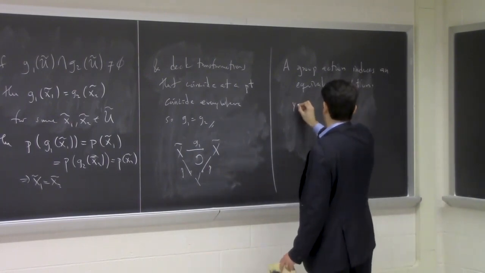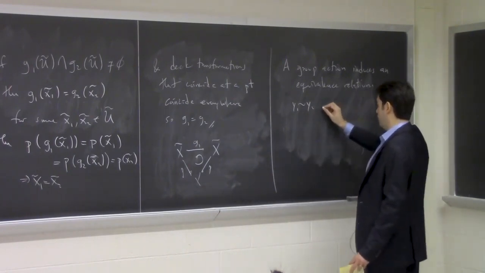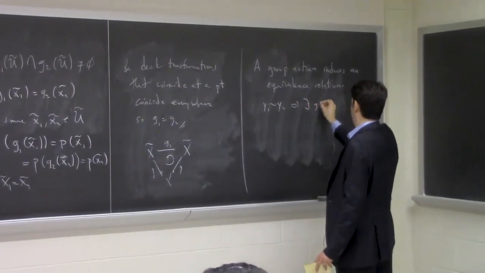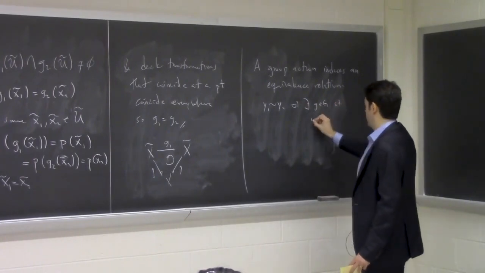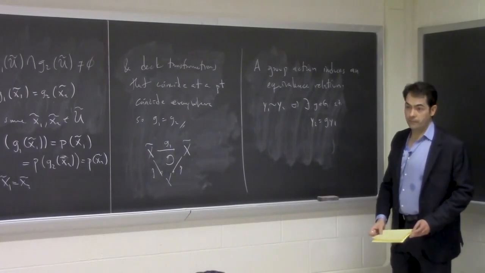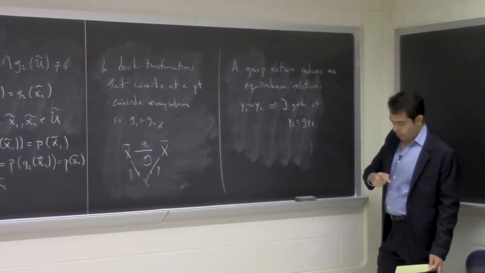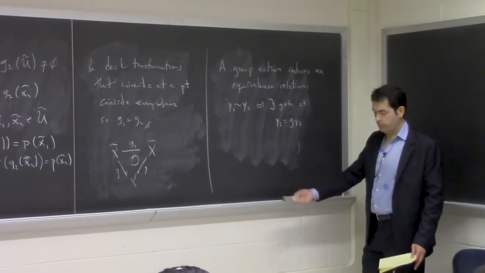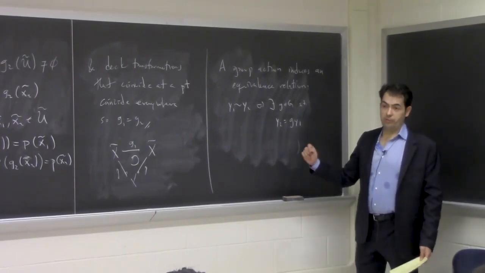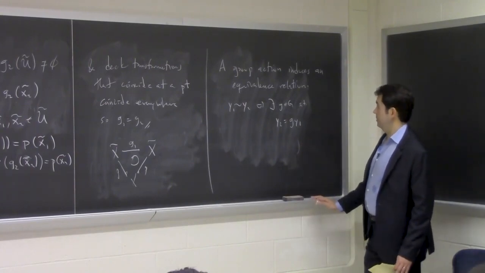with y1 equivalent to y2 if and only if there exists an element of the group such that y2 is G acting on y1. Because the group action is a homomorphism into the homeomorphisms, this is an equivalence relation, right? So you have symmetry and transitivity and so on.